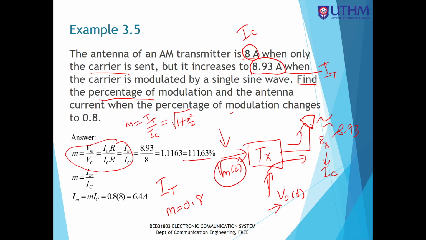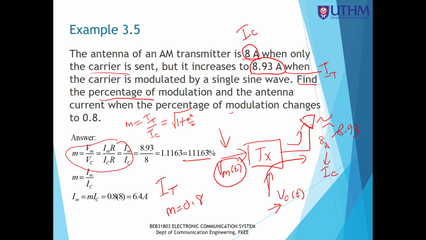Okay, so we need to find the current to the antenna, which is the I total. Okay, so I total is equal to M multiplied by IC. Okay, so you get 0.8.